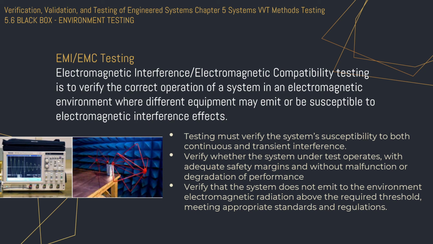Next is EMI, EMC testing. It is a test to verify the correct operation of the system in the electromagnetic environment where different equipment may emit or be susceptible to electromagnetic interference effects. So in our class, we have our project, which is a coffee maker, and there's also another project of sensors for crops.